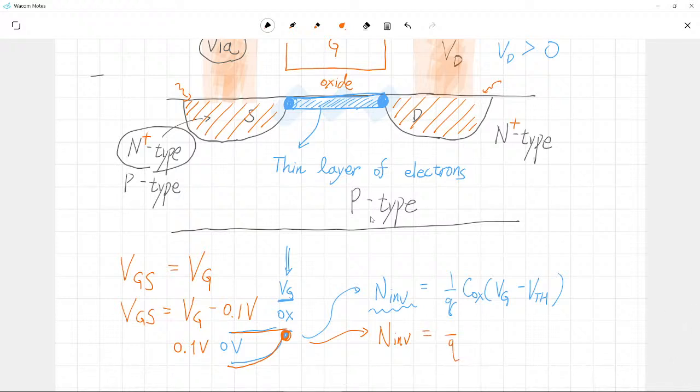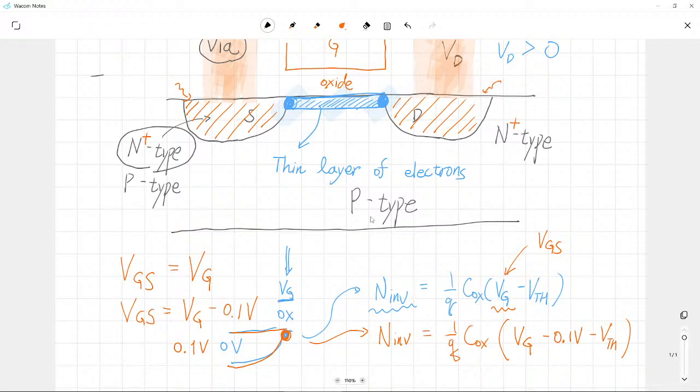We have the same coefficient, but originally we introduced the difference between gate and source, and now it is not only related to VG, but we have to say VG minus 0.1 volt minus VTH is required.